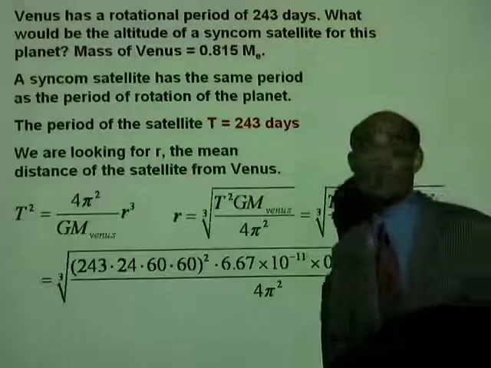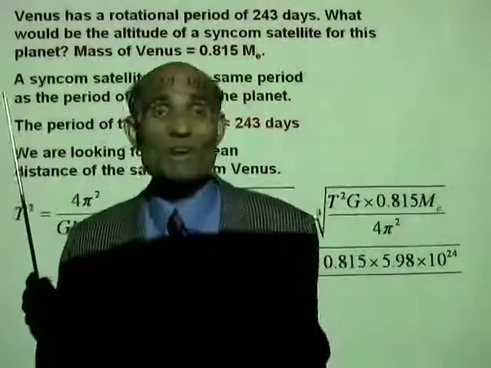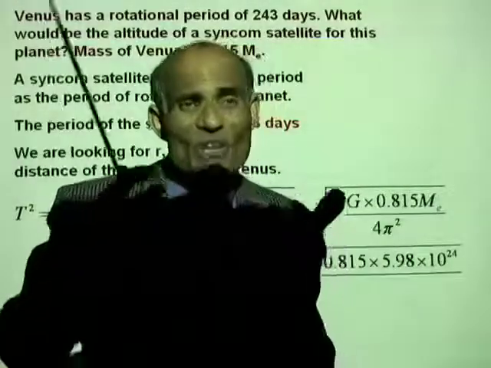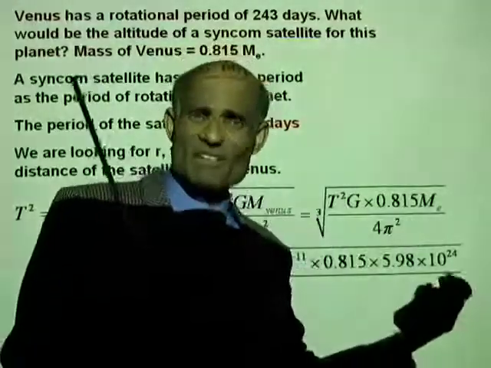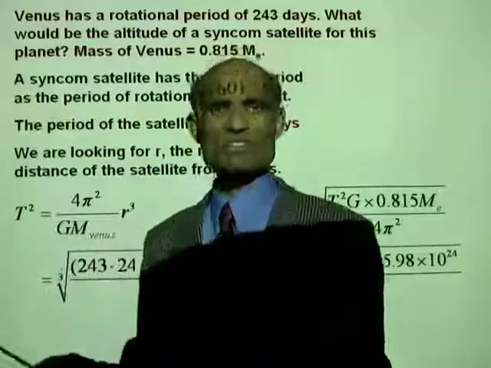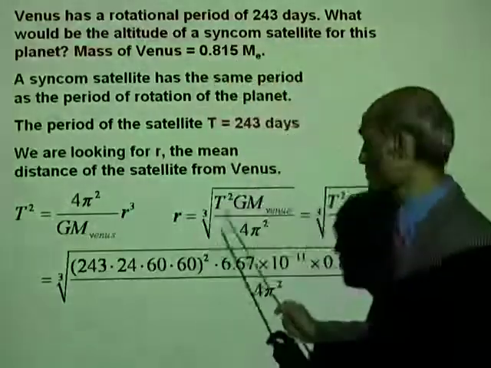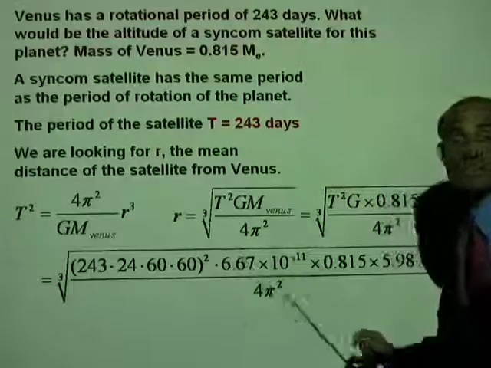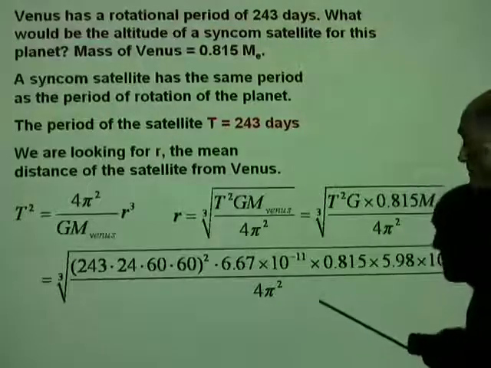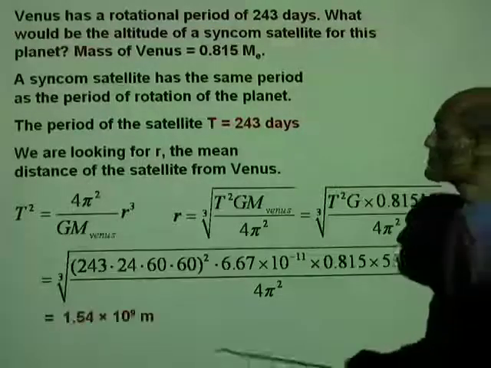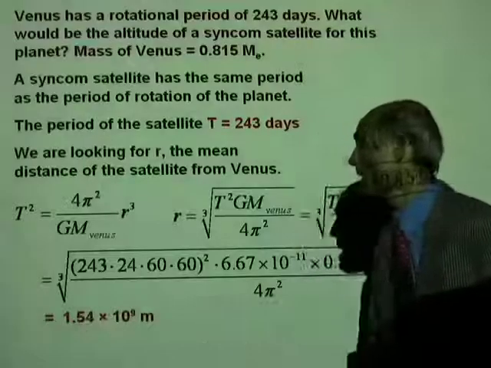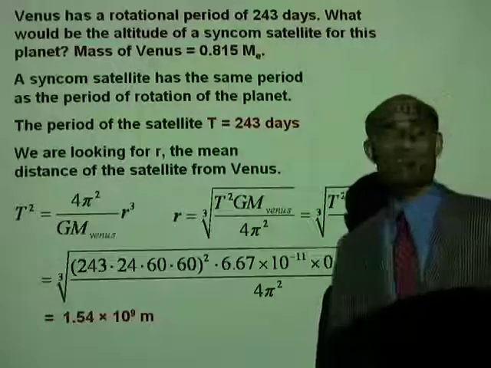You can see in this particular part of the course, you have a lot of these slightly complicated calculations, and you must feel comfortable using this on your calculator. Okay? And that gives you 1.54 times 10 to the power of 9.